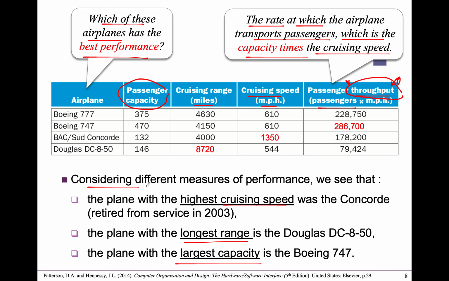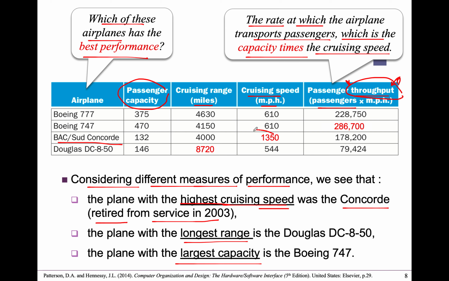So considering different measurements of performance, the airplane with the highest cruise speed is the Concorde. Was the Concorde retired from service? Where is the Concorde? This one. Oh, okay, this airplane is higher in speed.